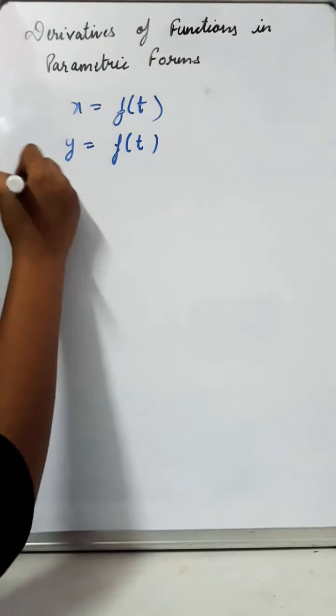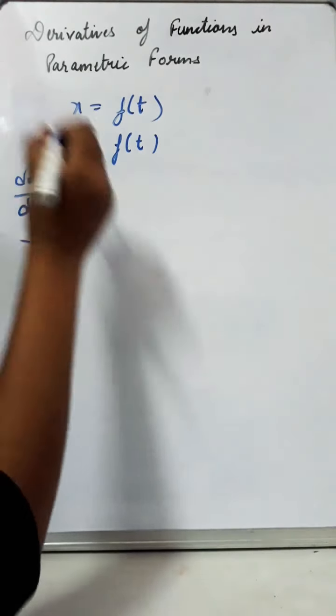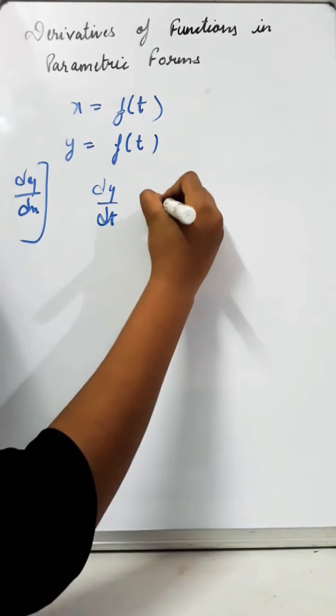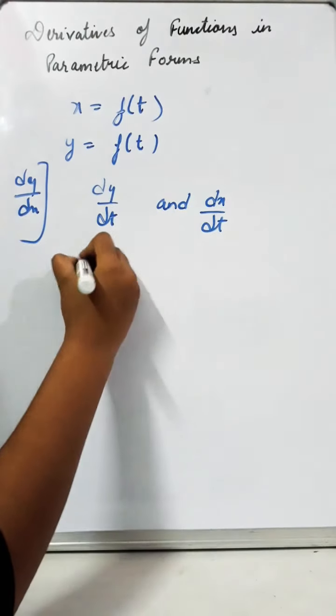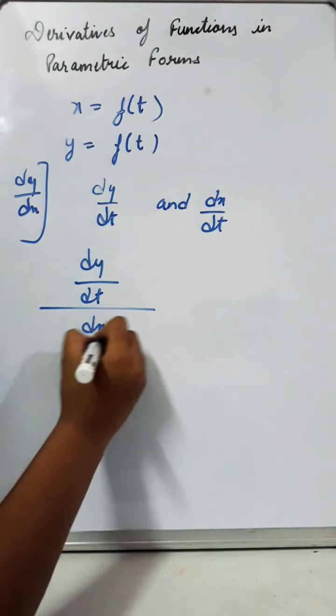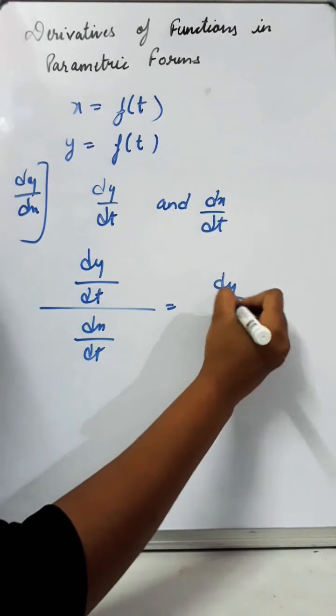So if you have to find dy dx, you are going to find dy dt and dx dt. Now you will divide both of them, dy dt whole divided by dx dt. This results in dy dx.